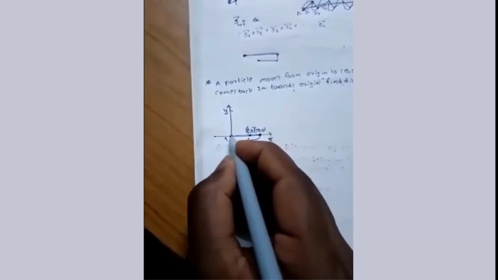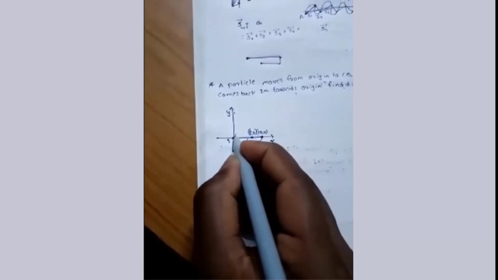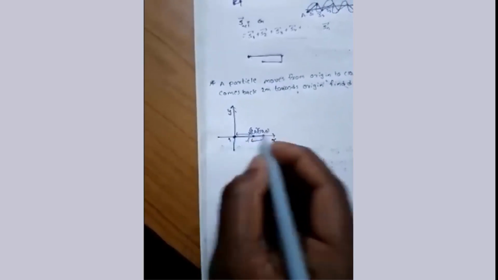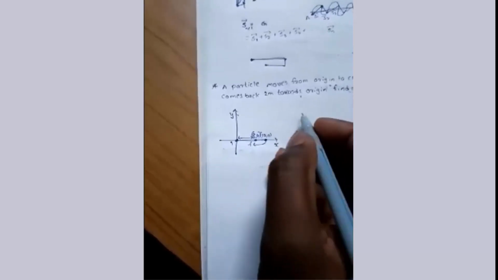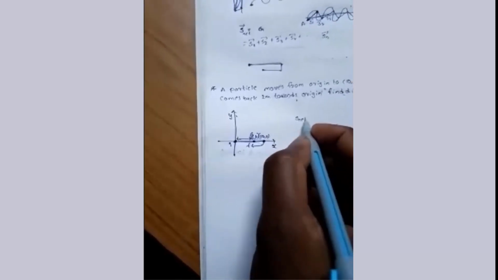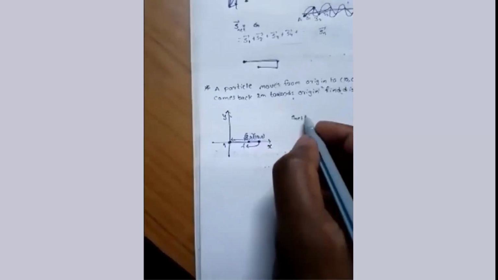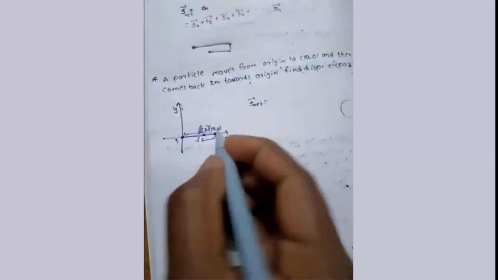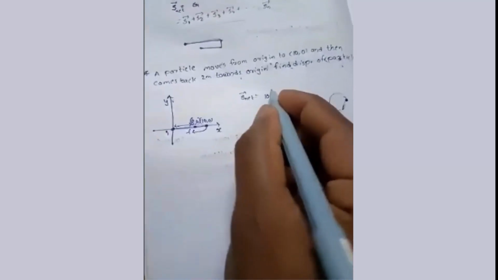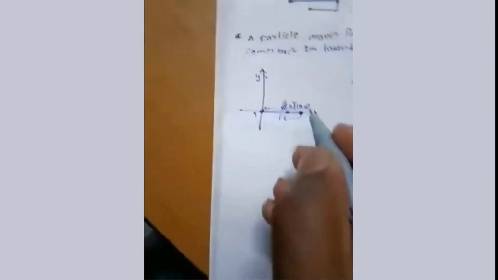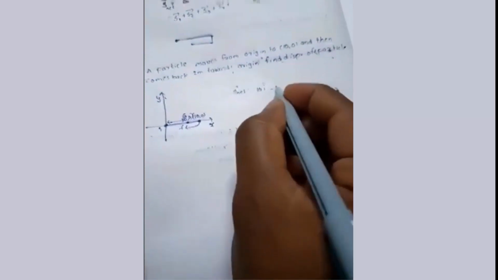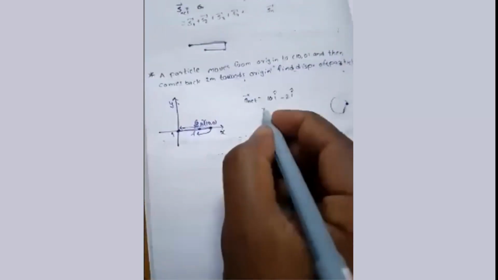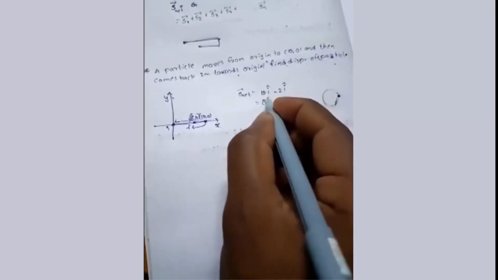This is the final point, and the net displacement will be this, in the direction of the x-axis. So S net, let us apply this vector formula: S net equals initially 10 i cap, and moved back by 2 meters, minus 2 i cap. S net will be 8 i cap meters.